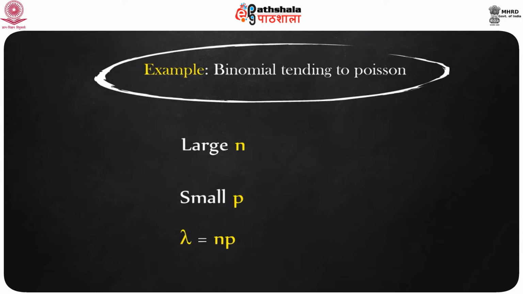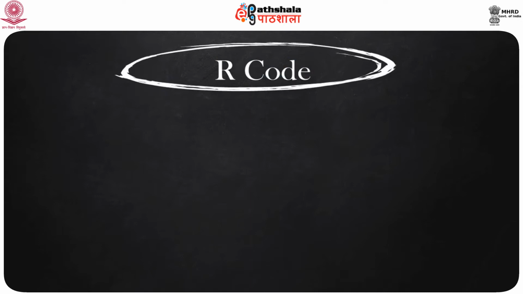That is, n tends to infinity, p is very small and lambda is equal to np. Now, let us try to find how R helps us to visualize this.